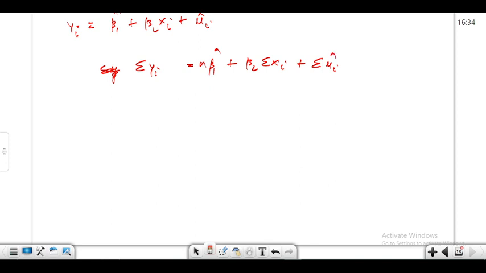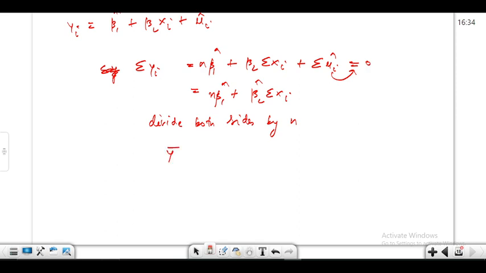The last term is equal to 0, we know this. So if I divide both sides by n, I get y bar, the average y value, equal to beta 1 hat plus beta 2 hat x bar.